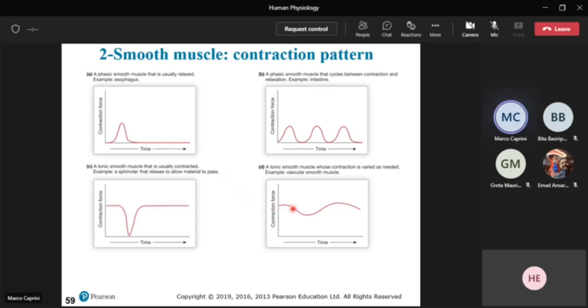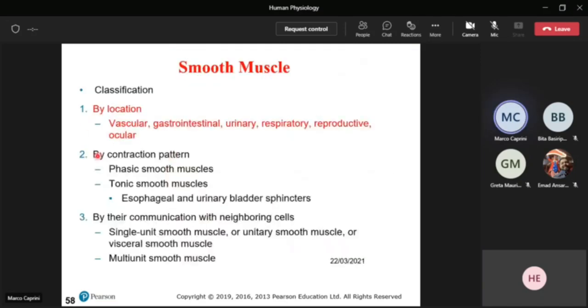And they can be relaxed, but they return to the initial contraction. So these are really different muscles, always smooth muscles, but phasic and tonic. And here we have analyzed the big group of smooth muscles by the contraction pattern, tonic and phasic.